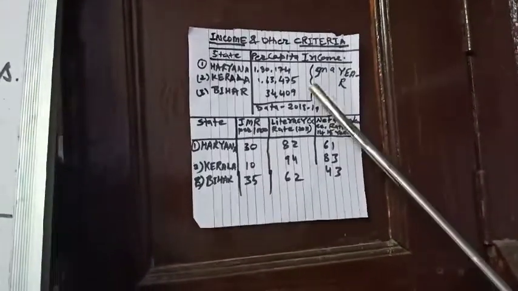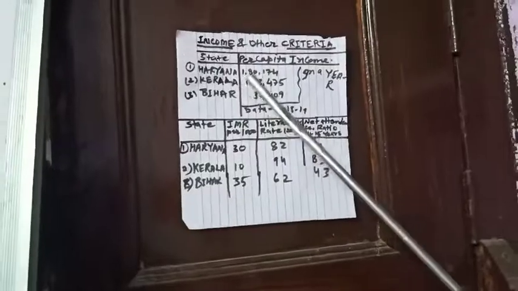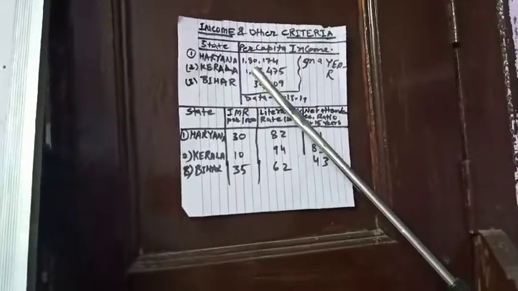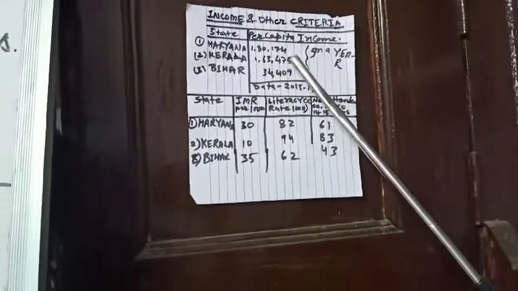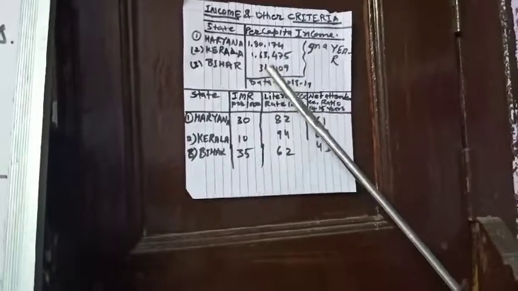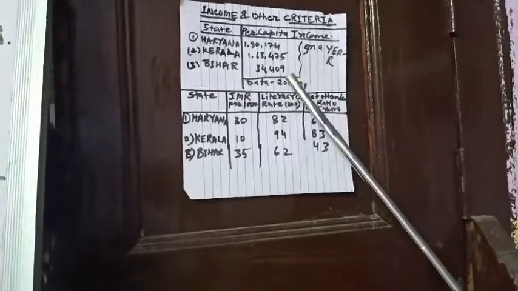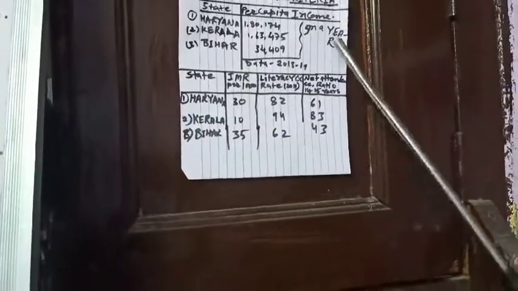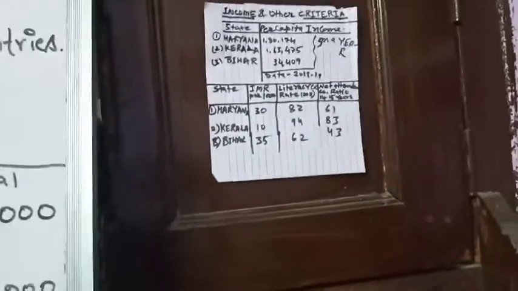The per capita income is 1,80,174 in Haryana, 1,63,475 in Kerala, and 34,409 only in Bihar in a year, according to the data of 2018 and 19.